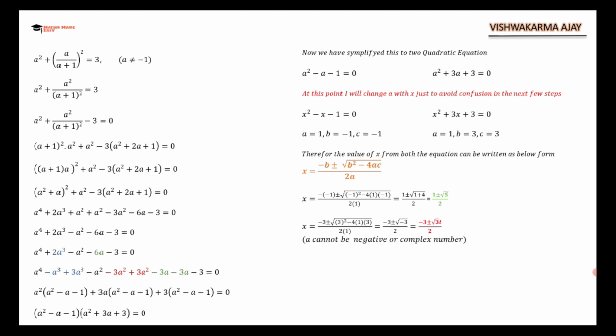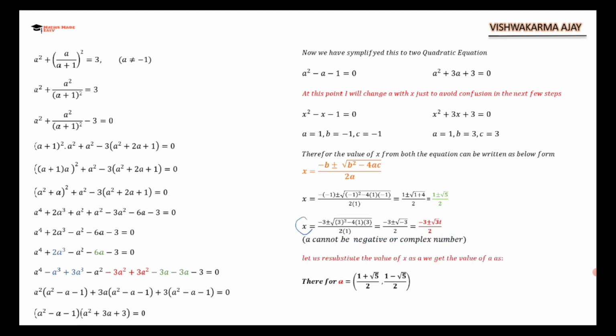Let's check the second one. x is equal to minus 3 plus or minus the square root of 3² minus 4 times 1 times 3, upon 2a, where 3² becomes 9 and 4 times 3 is 12. 9 minus 12 will give me minus 3, so the square root of minus 3, which is a complex number. At the beginning of this question we were given that a belongs to the real numbers, so it cannot be a complex number; therefore this is discarded. So the only possible answer for our question is 1 plus or minus root 5 upon 2.